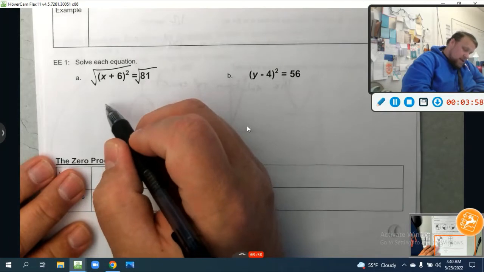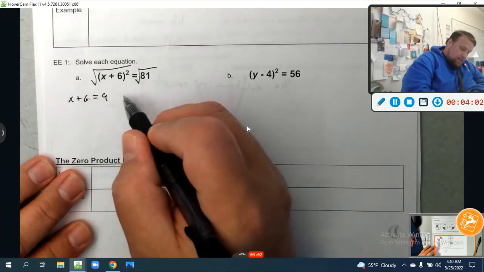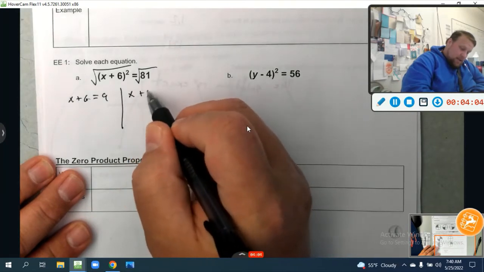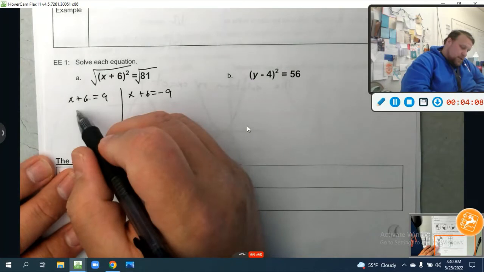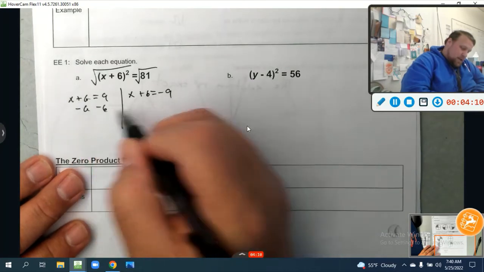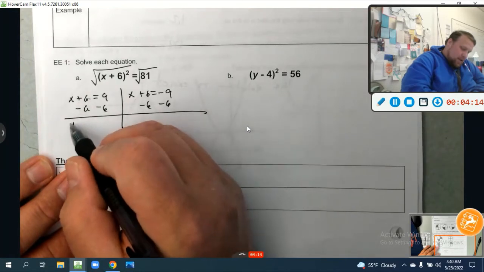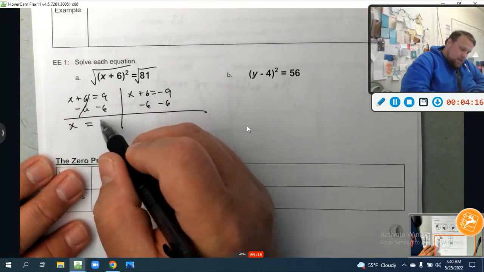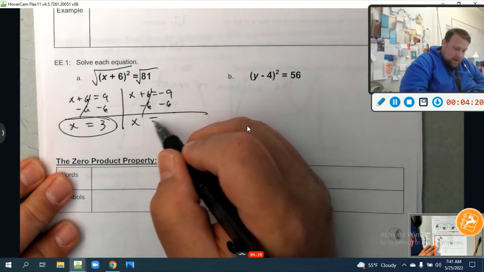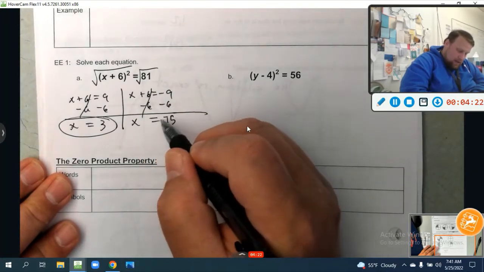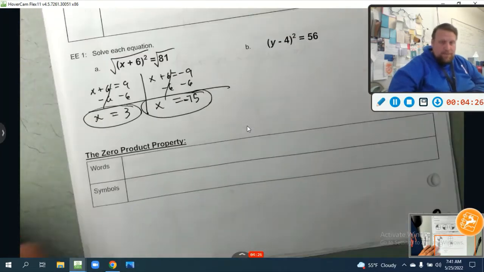I'm going to get x plus 6 equals 9, and I'm going to get x plus 6 equals negative 9. Then we're just going to subtract 6 from both sides. We're going to do the same thing at one time, right? And what do I get? x equals 3 over here, or I get x equals negative 15. Look at that. Both of those are solutions here.